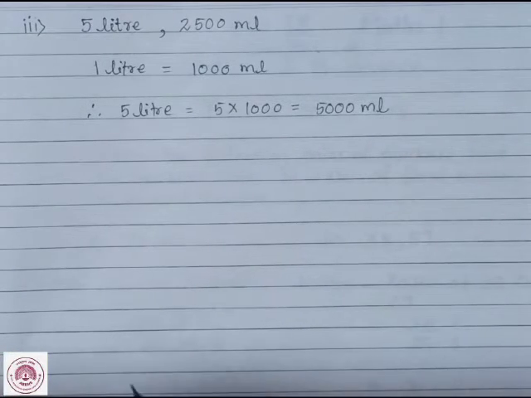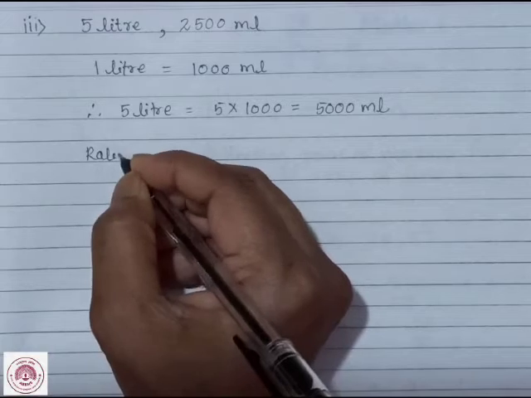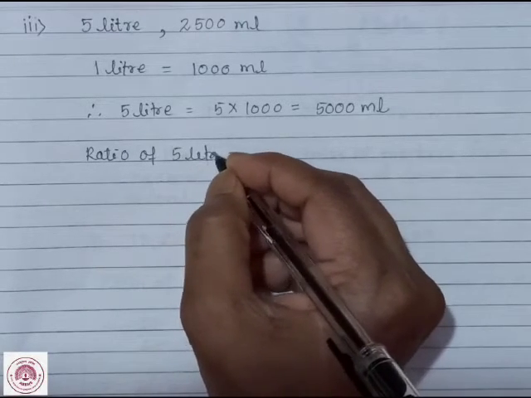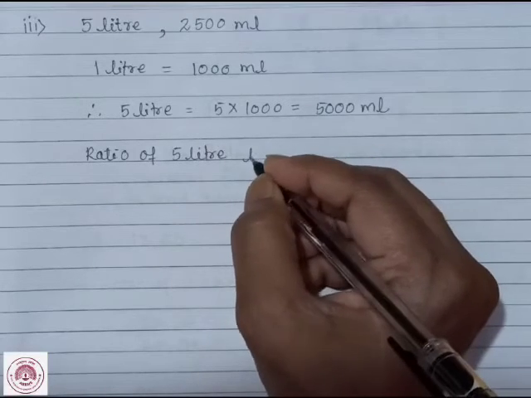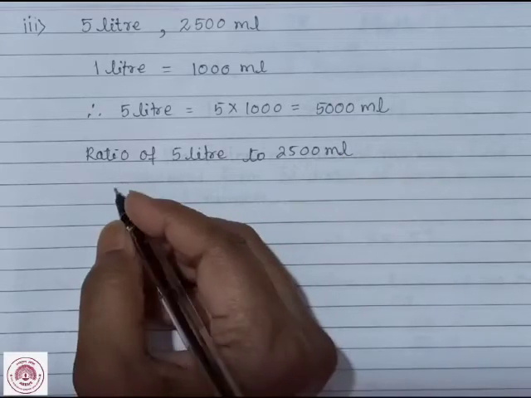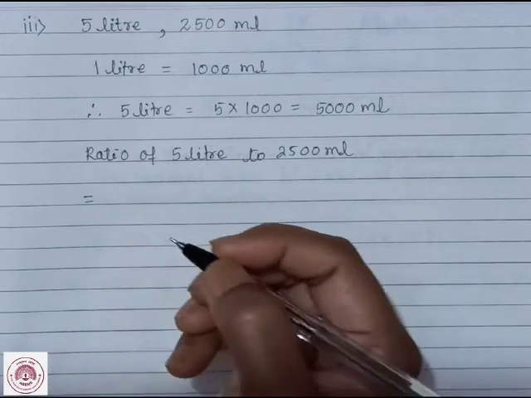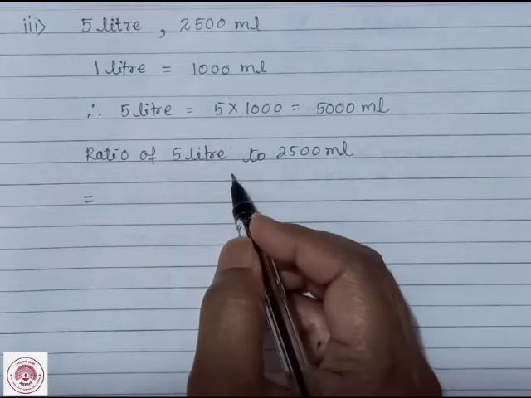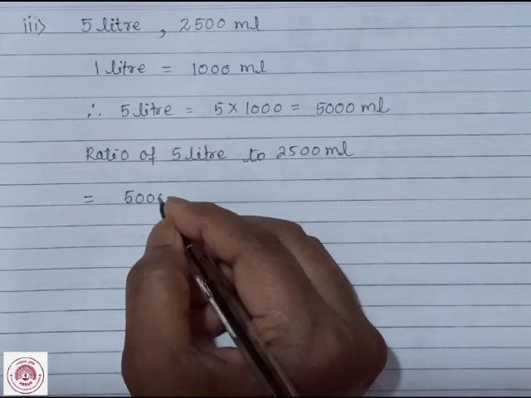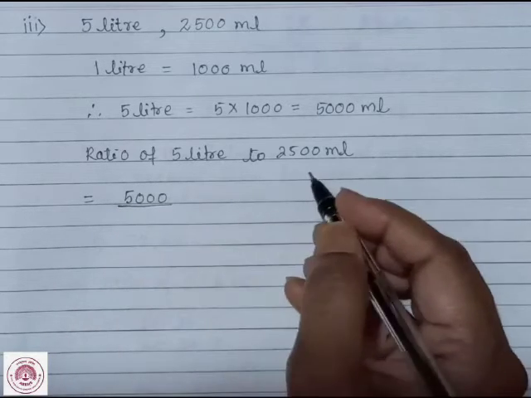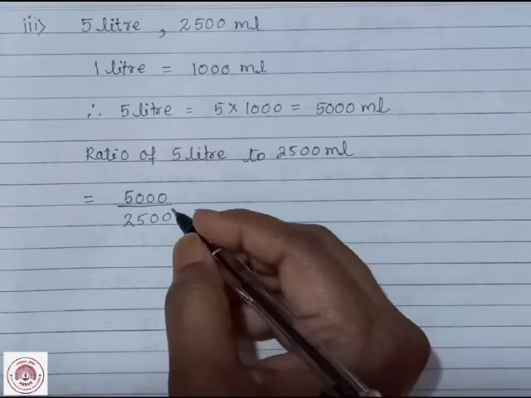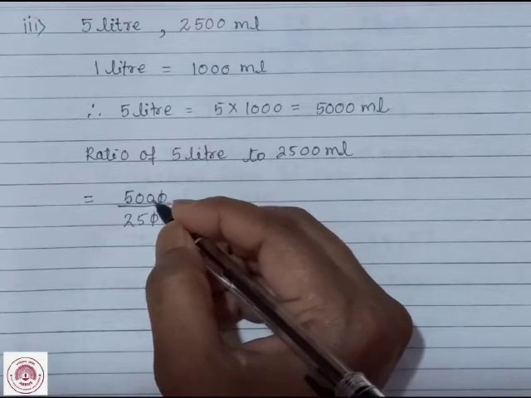So now ratio of 5 liter to 2500 milliliter is equal to, now here 5 liter means 5000 milliliter, so we'll write it as 5000 milliliter upon 2500 milliliter. Now here we can cancel these two zeros.